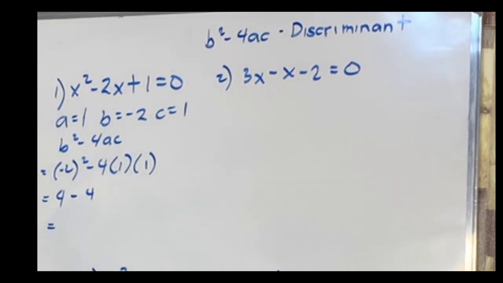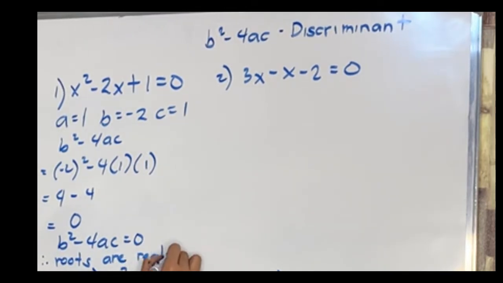Simplifying, 4 minus 4 is 0. Therefore, our b squared minus 4ac is equal to 0. Now, our nature of the roots, if it is equal to 0, the roots are real, rational, and equal.